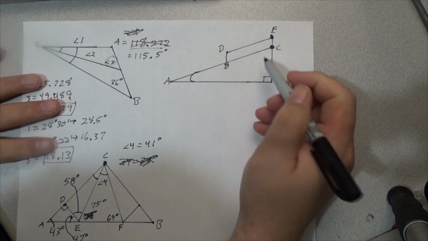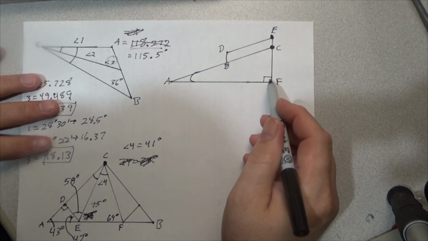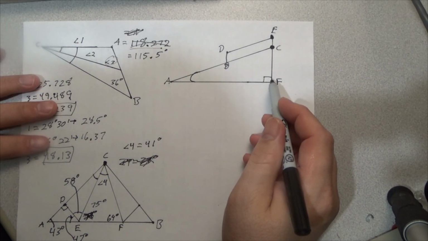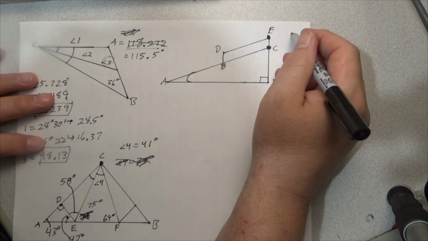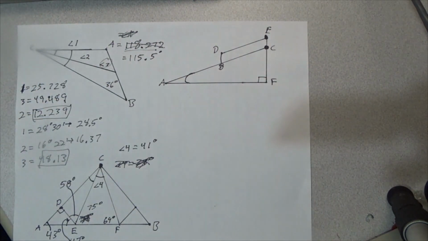All right? Now, we know this is a 90. And angle E, we know that angle E, at first anyway, is going to be 64.21.